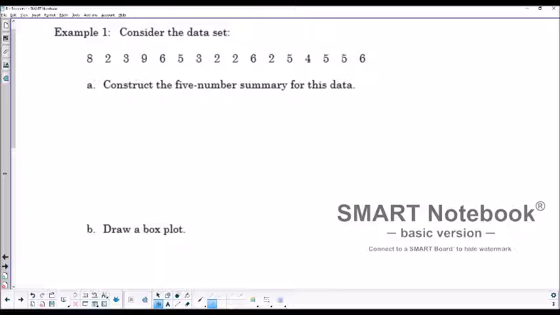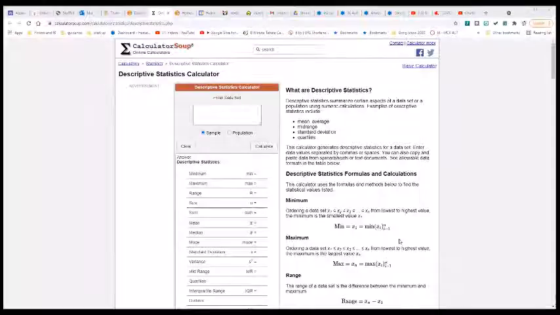I'm going to share this website with you. Here we go. We're going to put all the data into this box here, separated by commas.